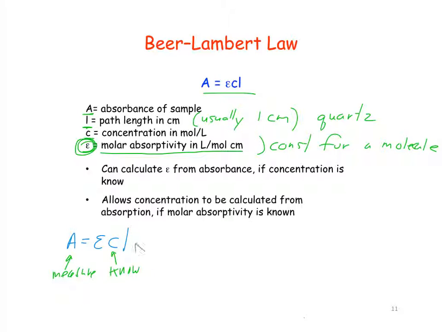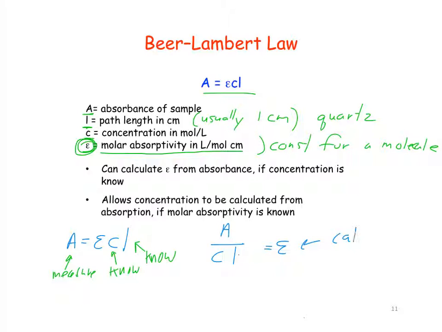And the path length we also know. So from these, we can just rearrange this, and say epsilon equals A over CL, so we can calculate this value.